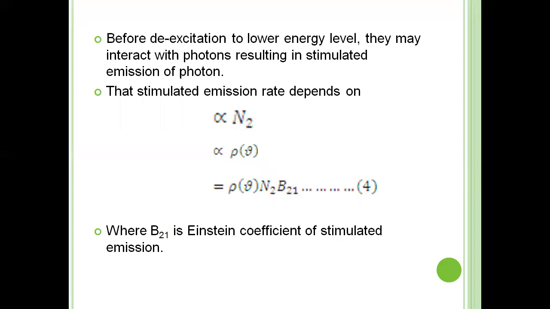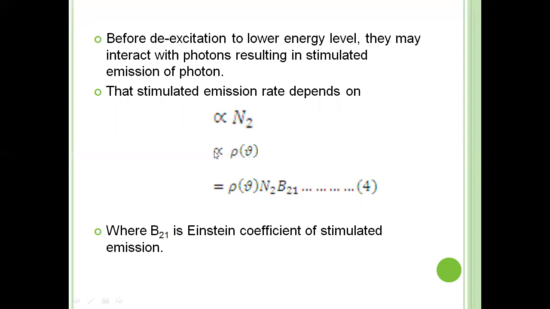Third process: before the de-excitation itself, if the atom in the second energy level interacts with a photon, then stimulated emission will happen. Stimulated emission depends on the number of atoms in the higher energy level and the energy of the interacting radiation, so it is proportional to the product N2 into rho nu.